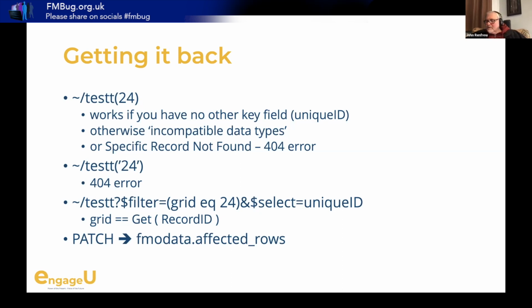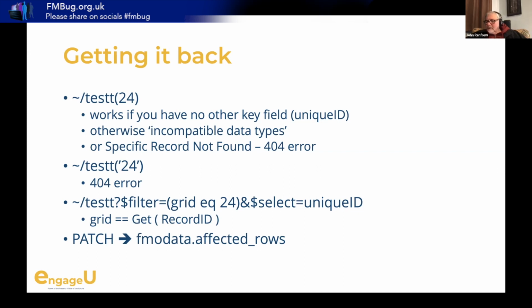So I can filter the data where I want to find the record where that field is equal to 24, and ask you to give me back the unique ID of that record. So when I make the post to create the record, I get back the row ID. I can use that row ID to say, could you just give me the unique ID of the record I just created, which means you can use it in something else. And effectively you have just got back the data you're really interested in, not all of the record.